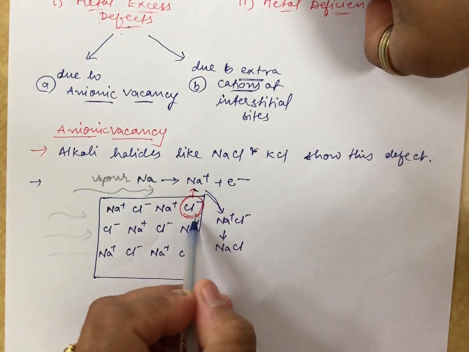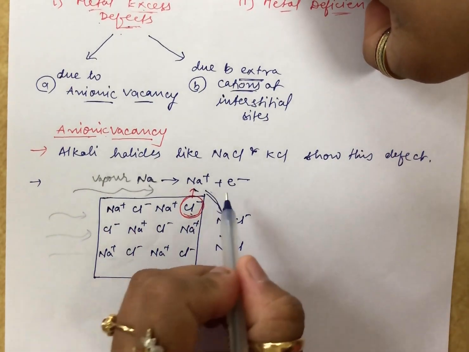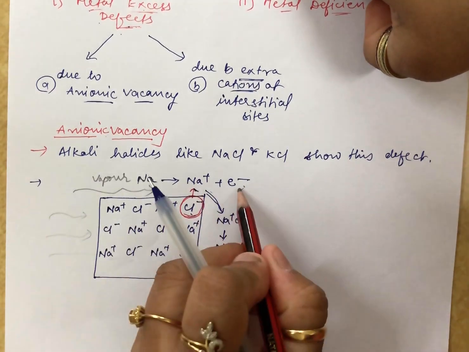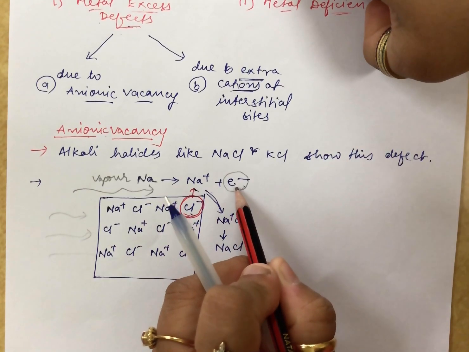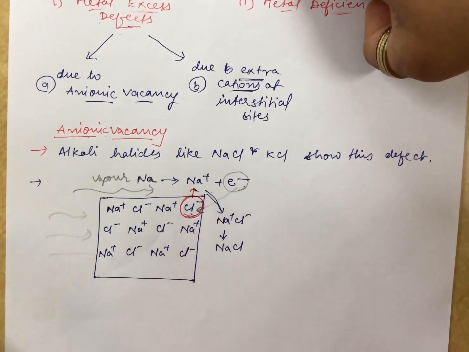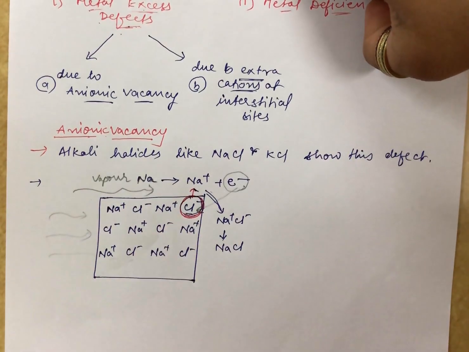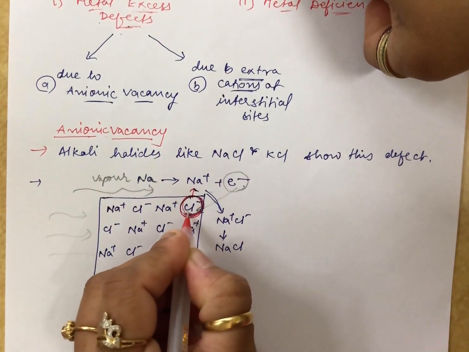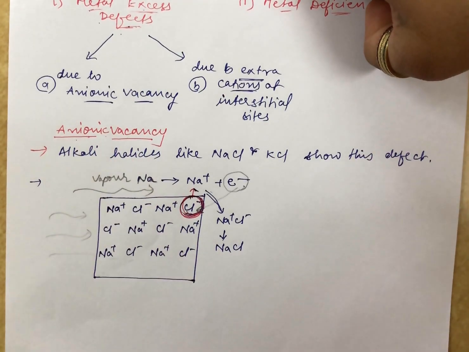Now this Cl is leaving its place from here. This space which is empty is because of your Cl-. That is why this is referred to as anionic vacancy.